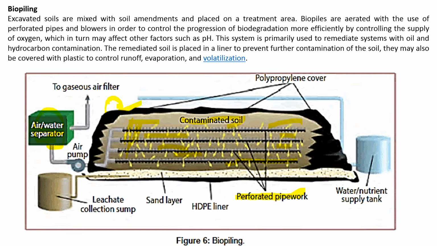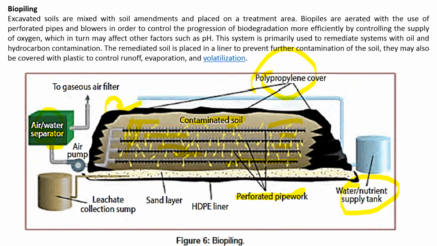You excavate soil from a contaminated area, pile it over these pipelines, and cover it with a polypropylene cover. One more thing that you provide other than oxygen is a nutrient supply tank.